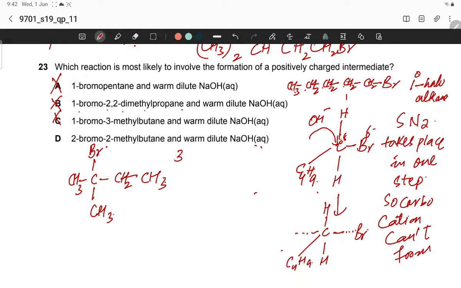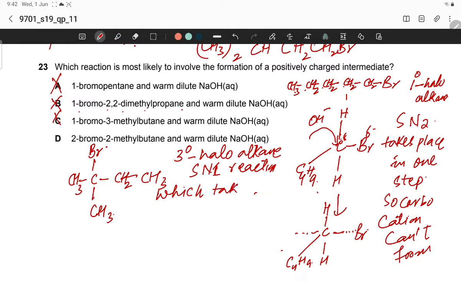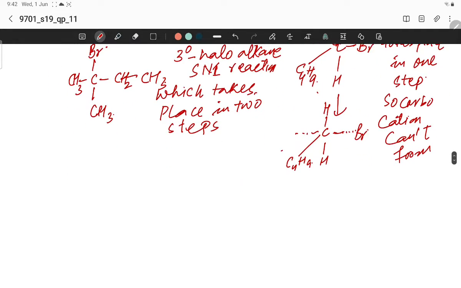This is a tertiary haloalkane. It exhibits an SN1 reaction, which takes place in 2 steps. The first step is the slow step, like this.